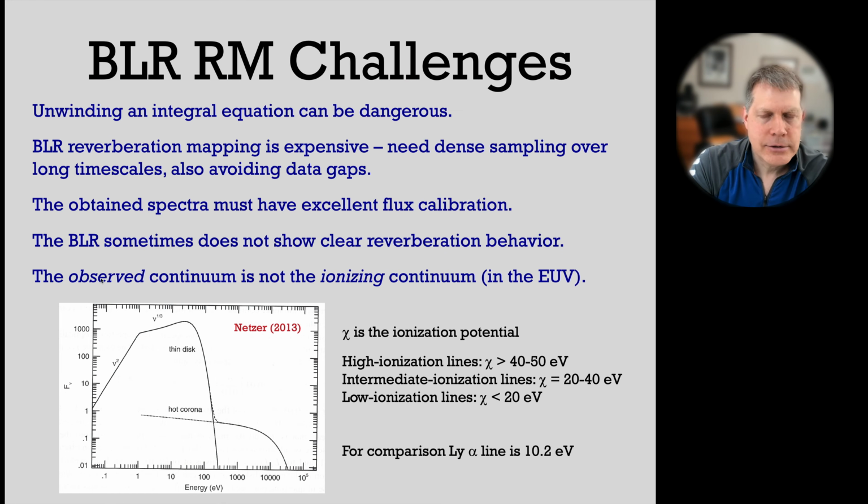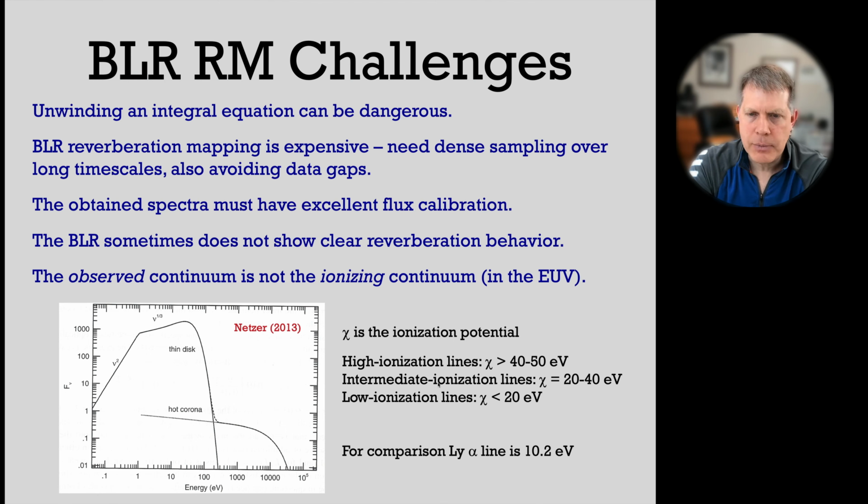In any case, another point which I want to emphasize, and I've already alluded to, is that unfortunately, in general, for these broad line region reverberation mapping experiments, the continuum that you're actually observing is not the ionizing continuum. And I want to make that very clear. So the ionizing continuum for these BLR lines is out in the extreme ultraviolet, which is generally not observable.